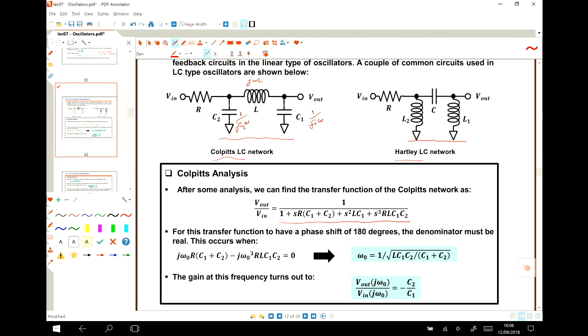It's a divider network. The voltage at this point divides based on the voltage at this point, and you see that the transfer function comes from this equation.